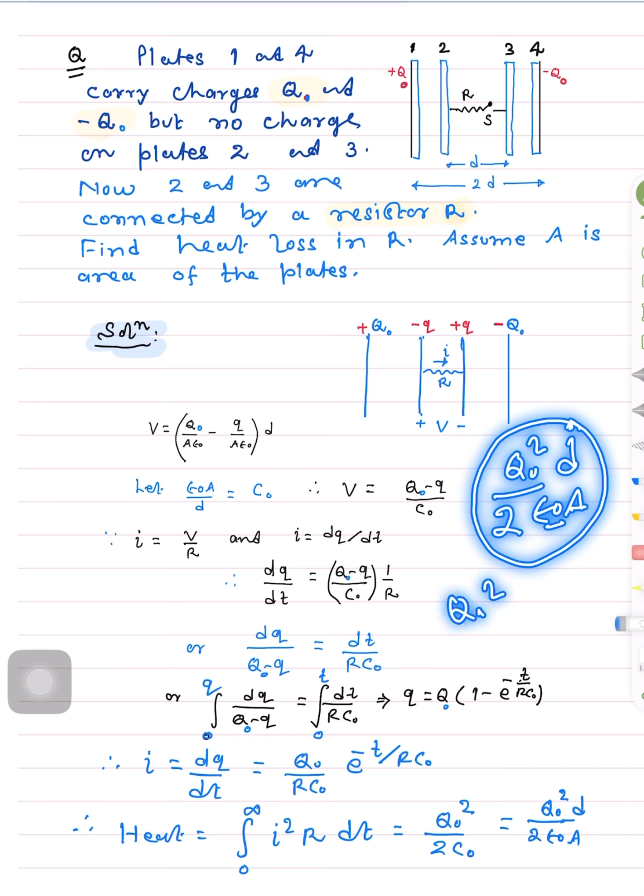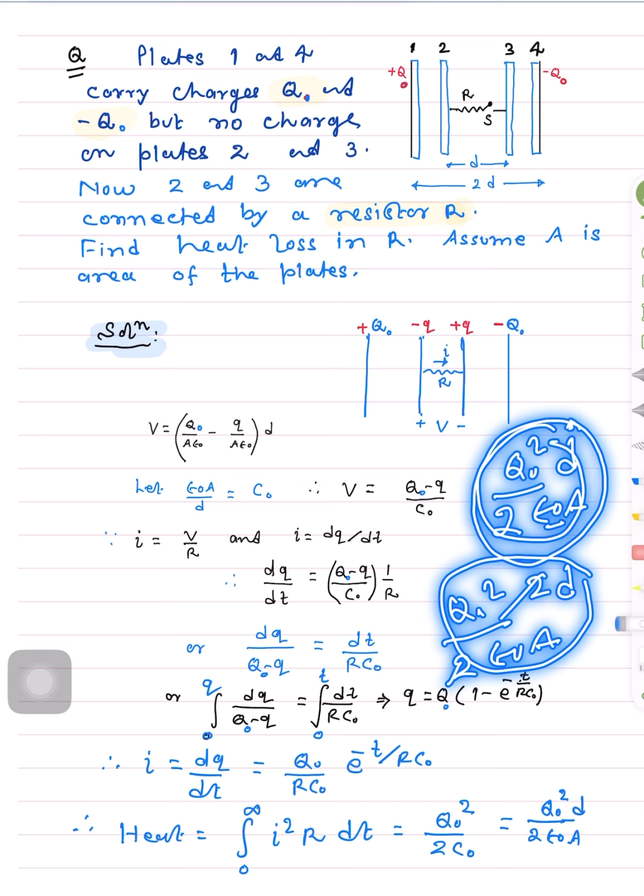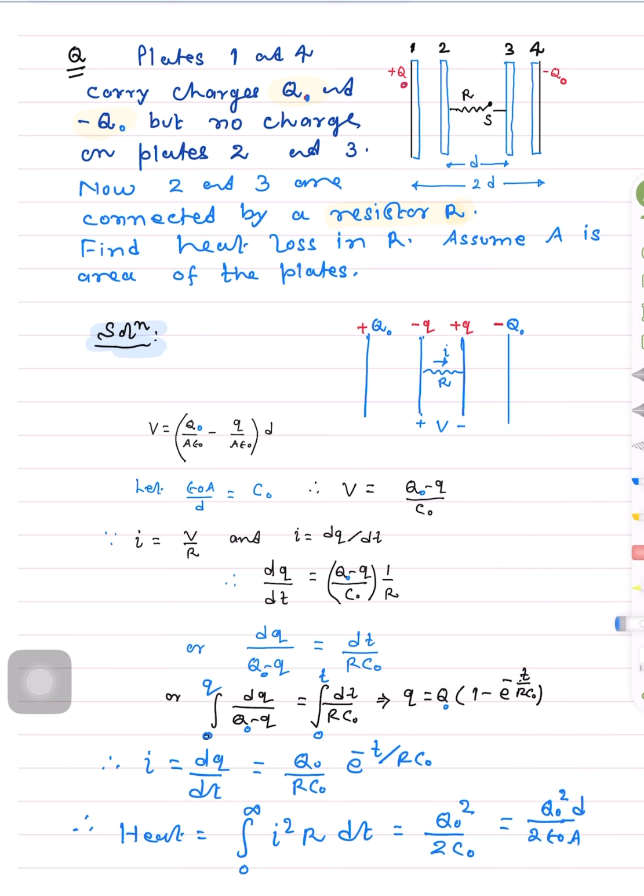Q naught square upon 2 epsilon naught A upon 2d. 2d was here. So we can see initial energy was more, final energy is lesser. If we subtract this final energy minus initial energy, we can get the loss, and you can easily see this will come out to be the same, right? So this is a simple but good problem for JEE Advanced.